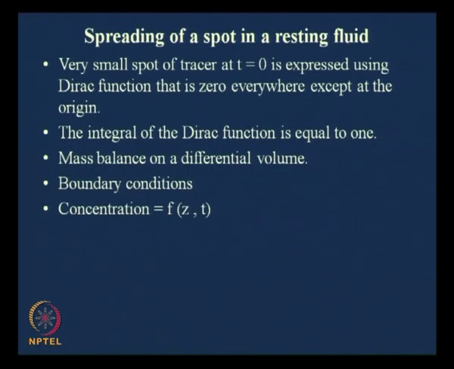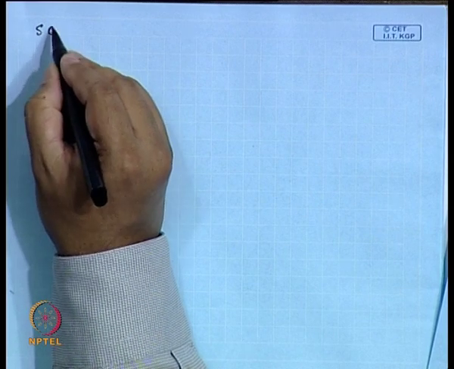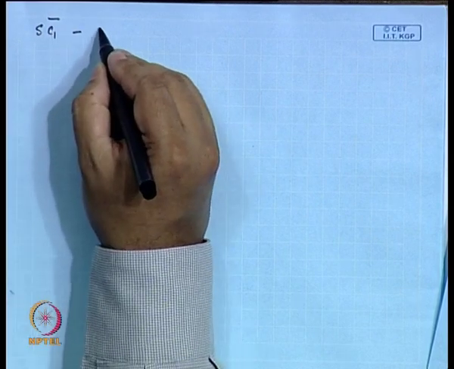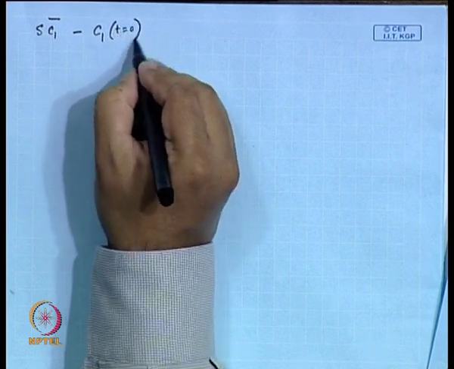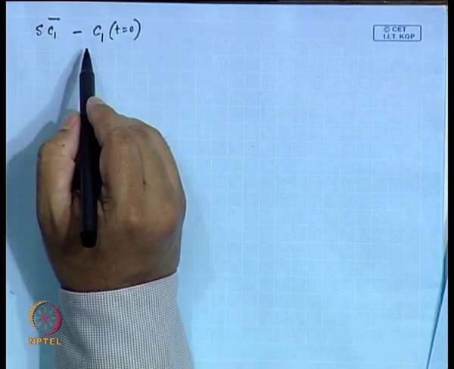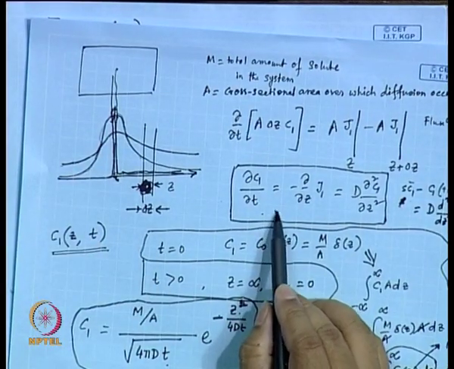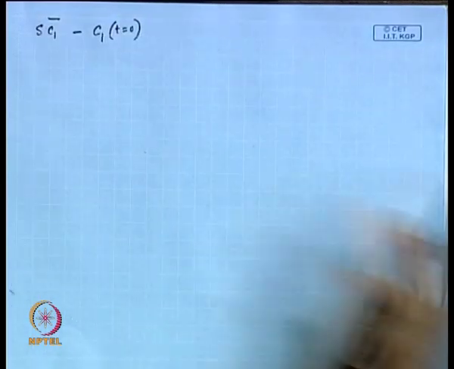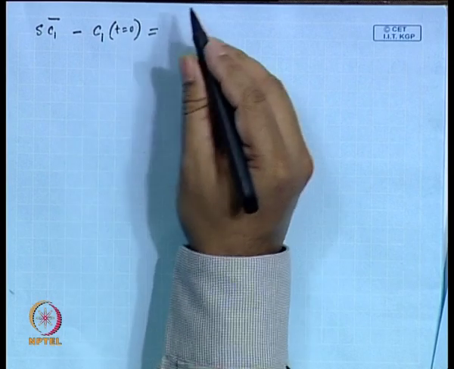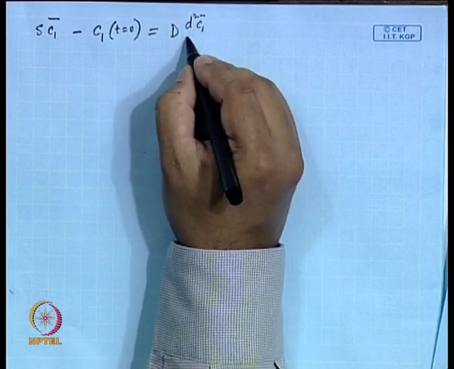I can write it on a fresh page, I do not have any space here. This is the Laplace transform of the left hand side of this governing equation. What is the governing equation? This is the governing equation we are talking about. When we take the Laplace transform of the left hand side, this is what we get. And the Laplace transform of the right hand side would be d square C1 bar dz square.